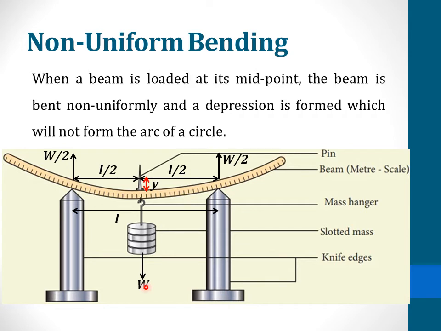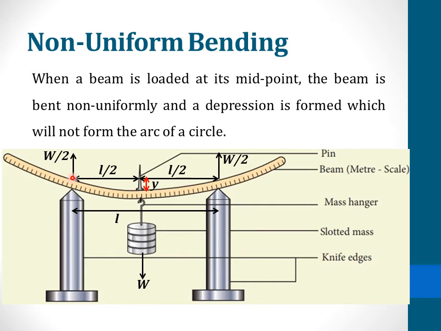It is found that the beam bends and the maximum displacement is at the center where the load is applied. Due to the load which is applied at the center, the reaction W by 2 is found to act vertically upward at each of the knife edges. Therefore, this is called as non-uniform bending.